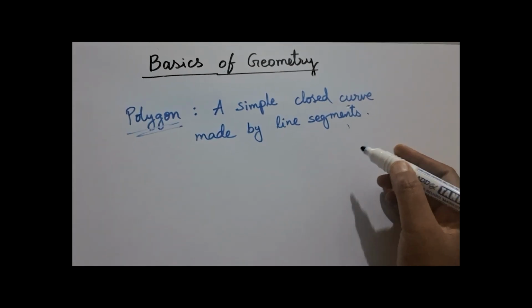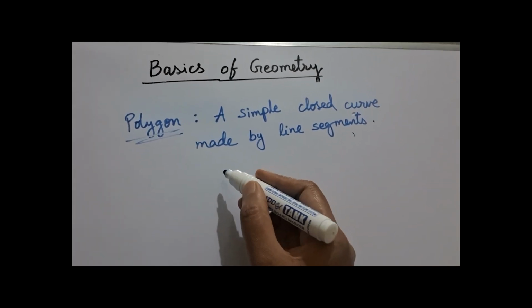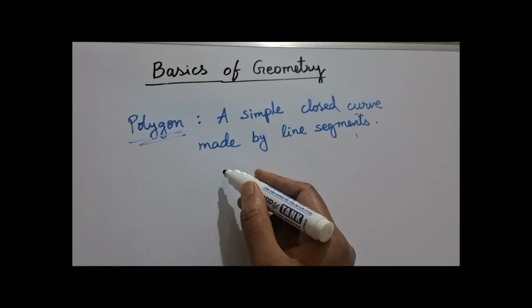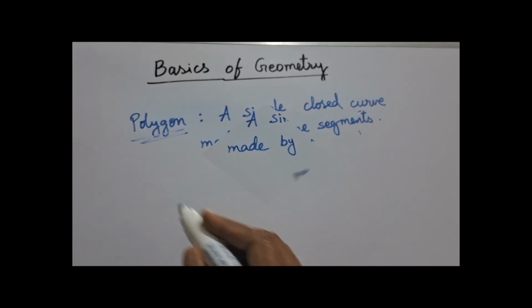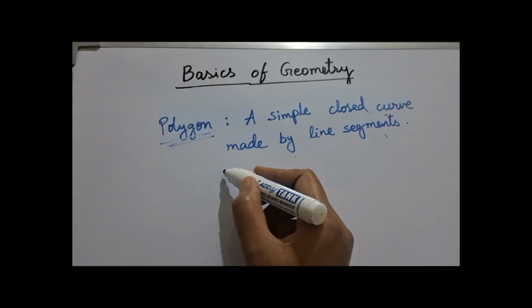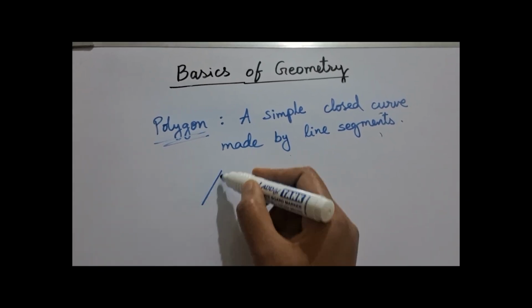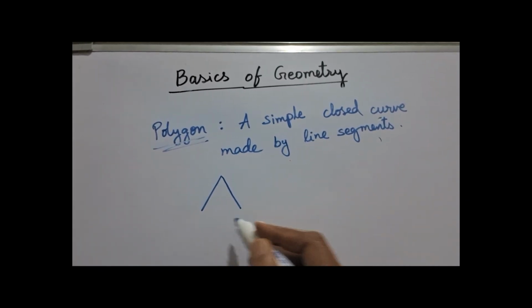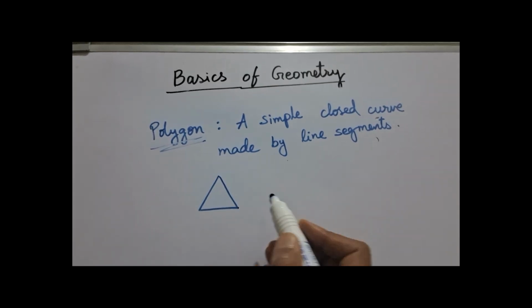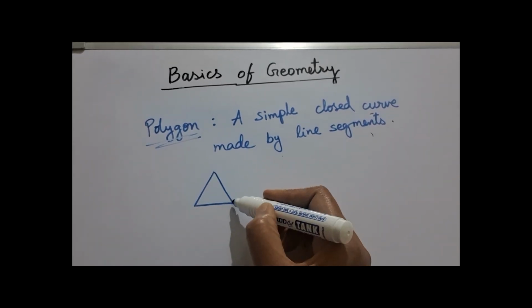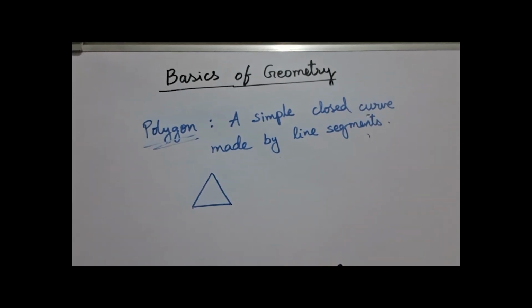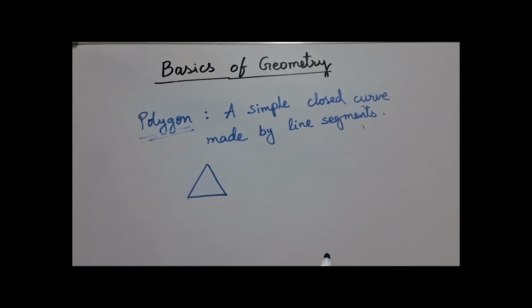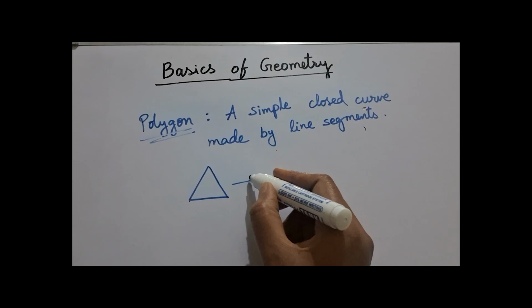Okay, children? Now, how many line segments do we need? Minimum how many line segments do we need to form a polygon? One line segment, second line segment, and this is the third line segment. So minimum 3 line segments we need to form a polygon. Okay, children? Now what is this figure named?